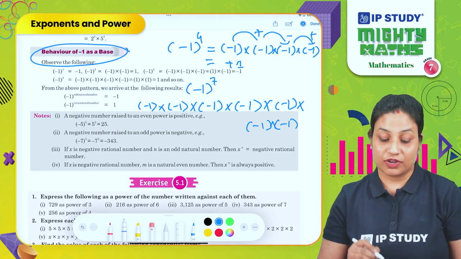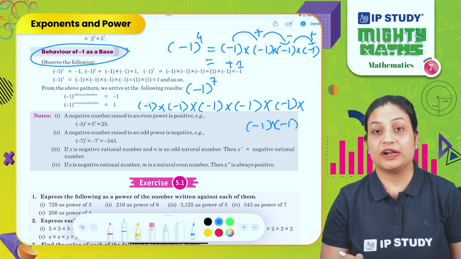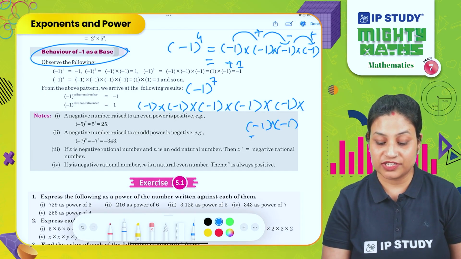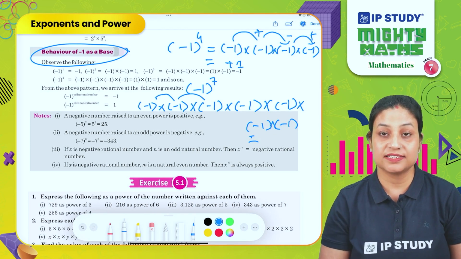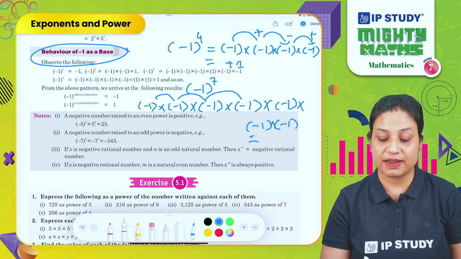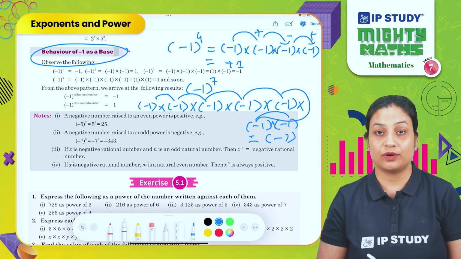Apply the rule of multiplication of integers over here and check the result. Minus minus is plus, plus minus is minus, minus minus plus, plus minus minus, again minus minus plus, and plus minus minus. So my result comes out to be -1 over here.